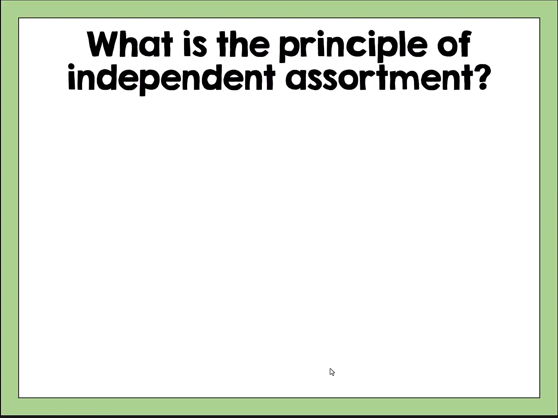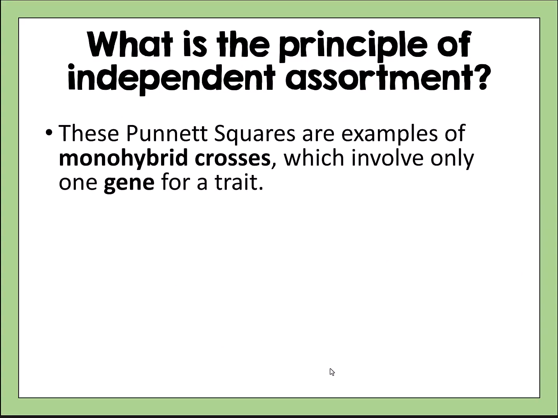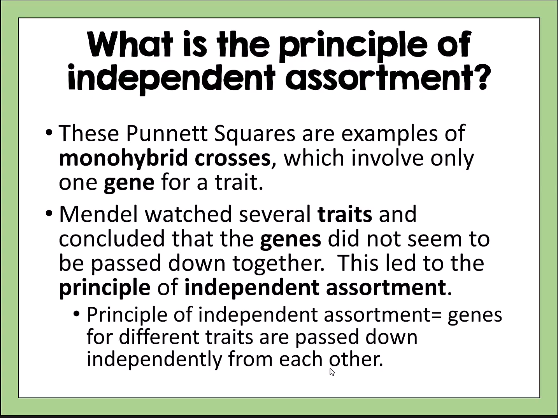So what is the principle of independent assortment? Well, these Punnett squares that we've been doing are examples of monohybrid crosses, mono meaning one. And so these involve only one gene we've been looking at, pea pod color or flower color, just one trait. Mendel, however, watched several traits and concluded that the genes did not seem to be passed down together. This led to the principle of independent assortment.